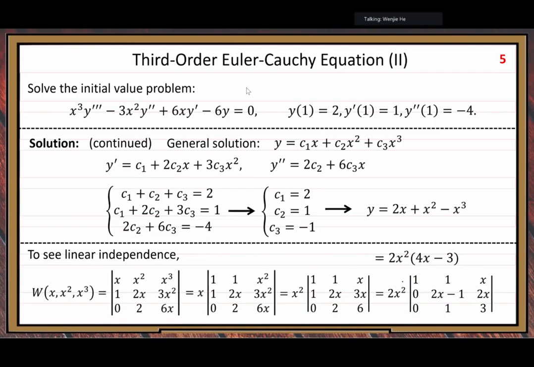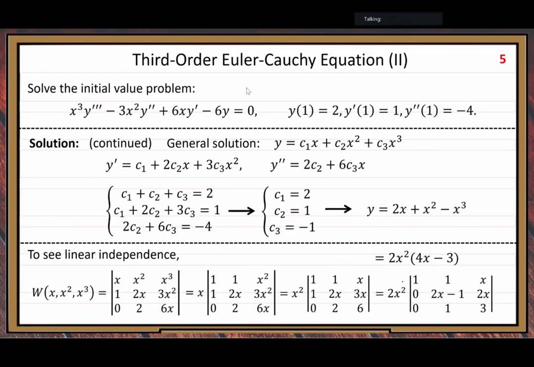To make this polynomial 0, there are only 2 possibilities: x equal to 0, or x equal to 3/4. Only at these 2 points is this polynomial equal to 0. All other points make it non-zero. But for our result, we only need 1 point x1 to be non-zero. Then all the 3 functions are linearly independent.